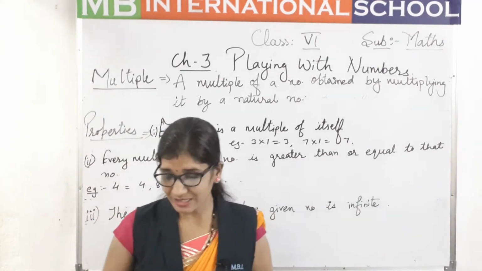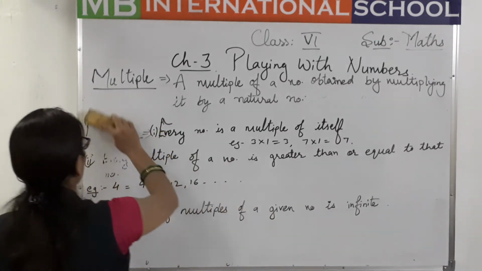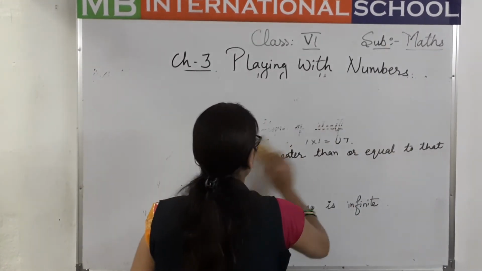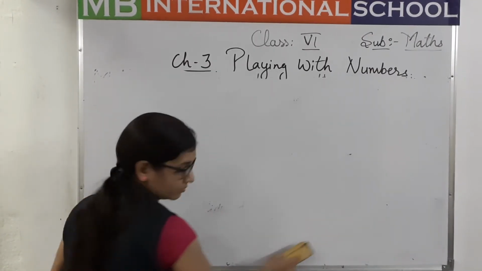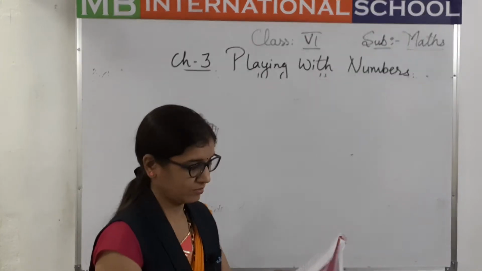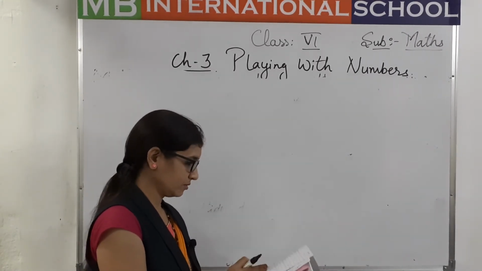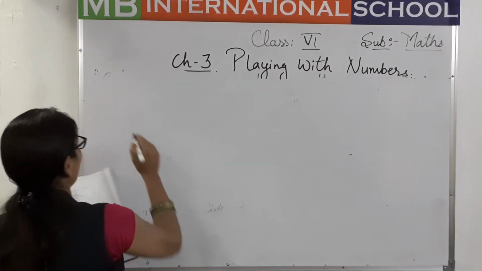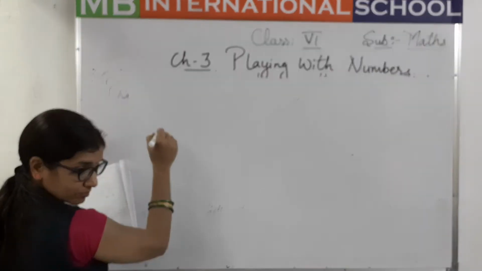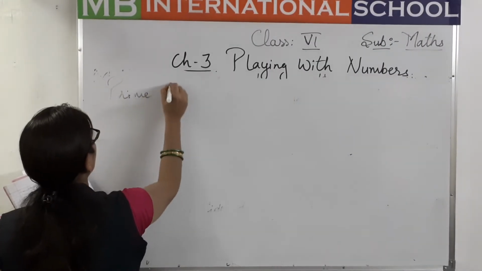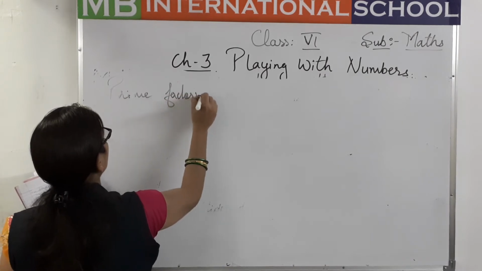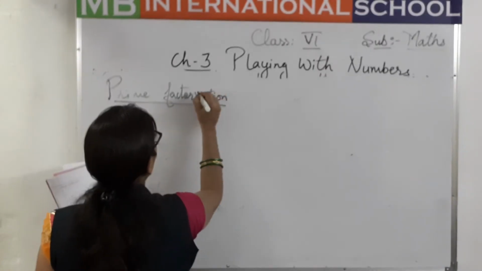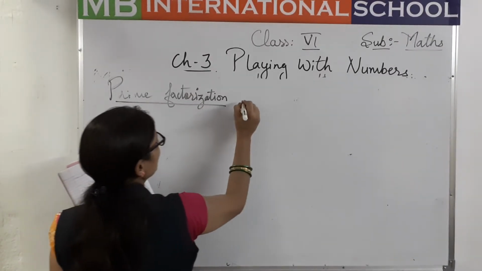Now let's take an example of prime factorization. One small example is given, the number 420.